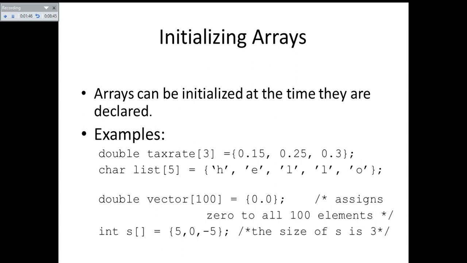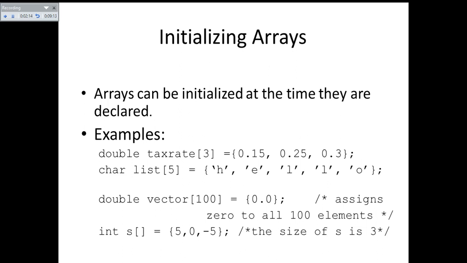double vector[100] = {0.0} assigns 0 to all 100 elements. So what it will do is initialize this double array. The name of the array is vector, and all the other elements are going to be initialized with 0. Okay, 0.0 is the same as 0, that's why it will initialize all 100 elements of your vector array with zeros only. int s[] = {5, 0, -5}.